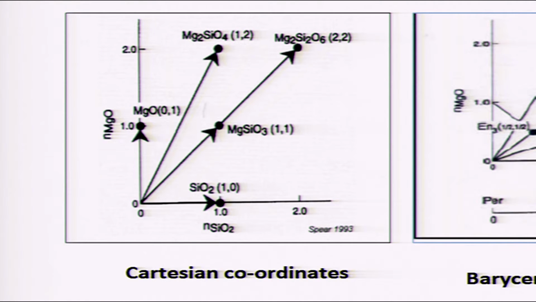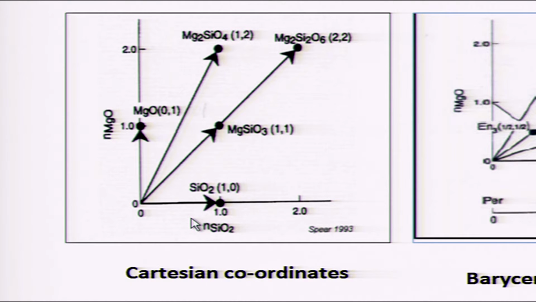In this diagram, the horizontal axis is represented by SiO2, the number of moles N1, and on the vertical axis is MgO, N2. Now, these system components also represent 2 phases, that is quartz and periclase. So, these are the 2 minerals which are present in this system.